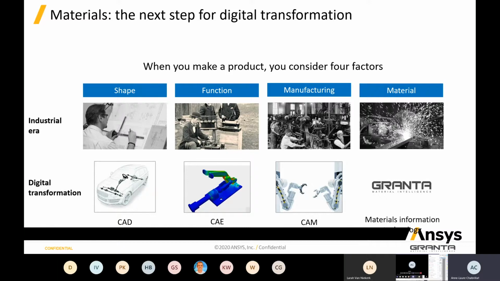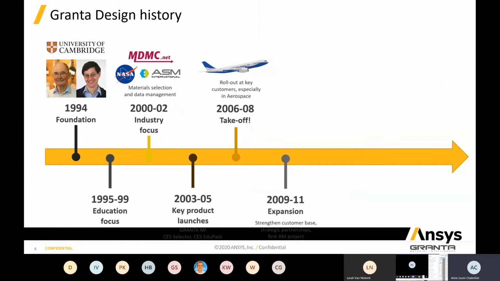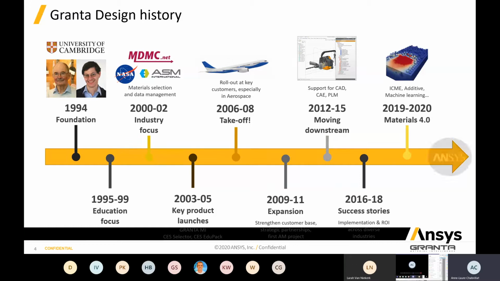For the first three pillars, there are some software tools, and they're very widely used in terms of optimizing. So you use CAD for optimizing the shape and considering different alternatives. For materials, there was nothing, and that's why they started Granta. They started Granta in 1994. It was just at the beginning, these two professors with some students in the university.